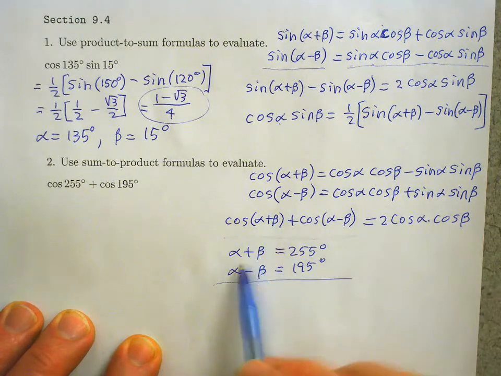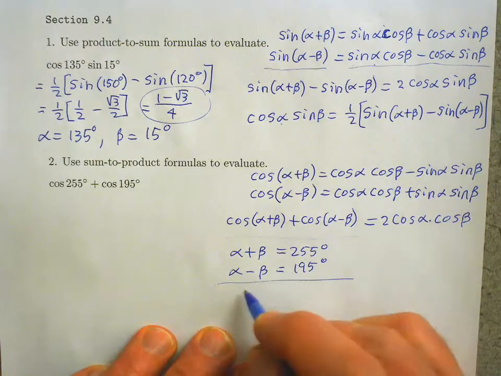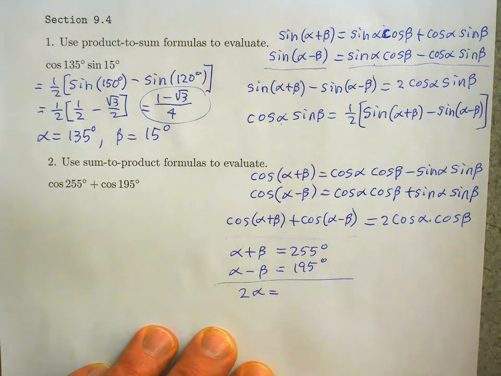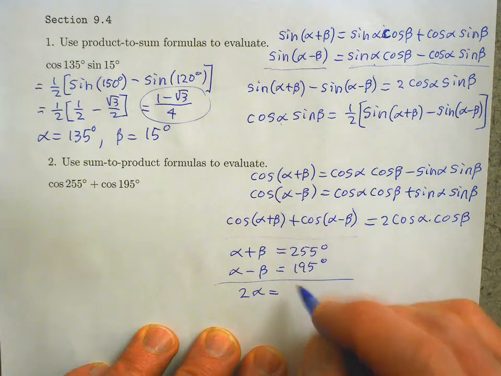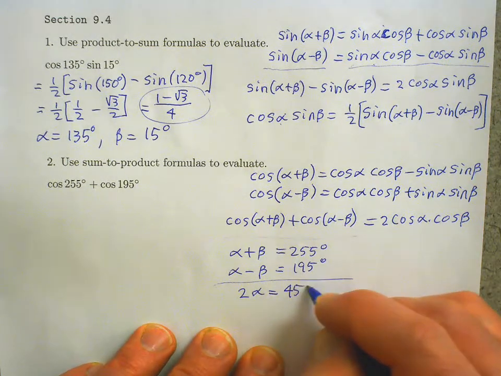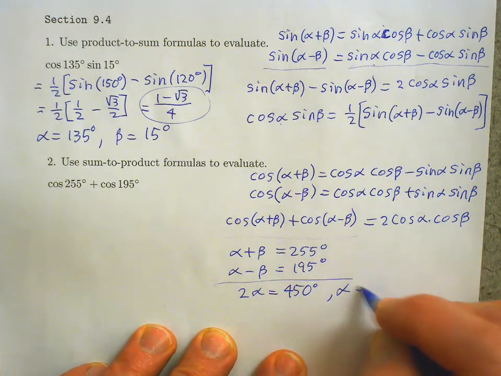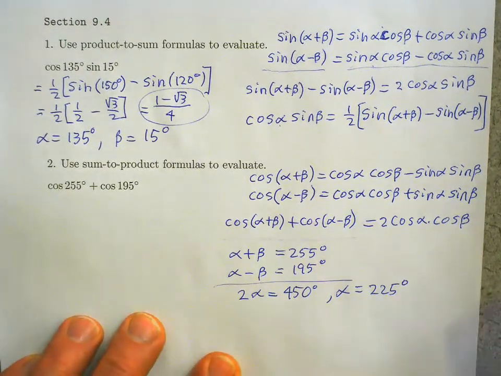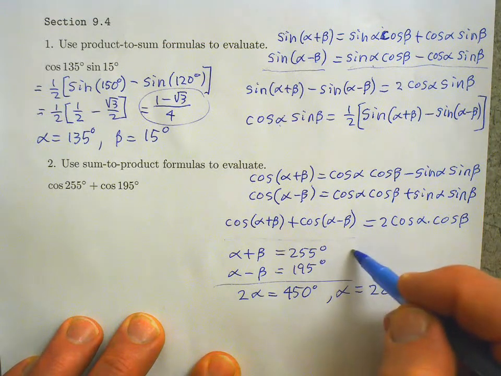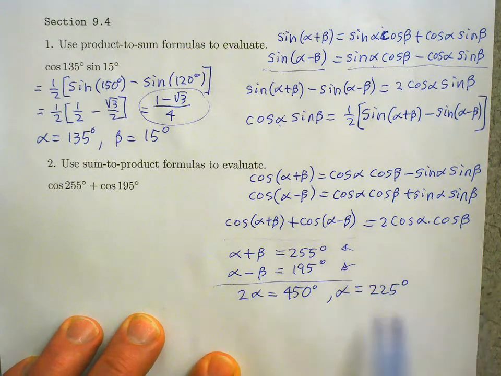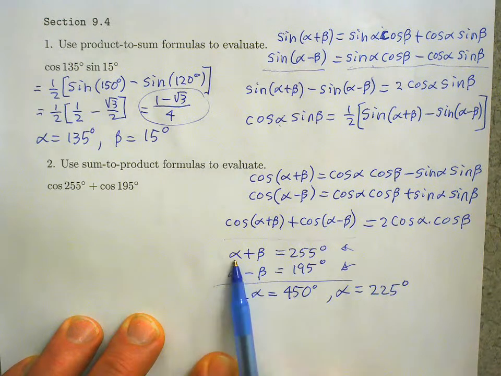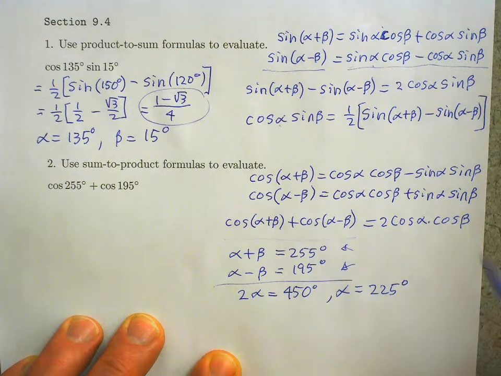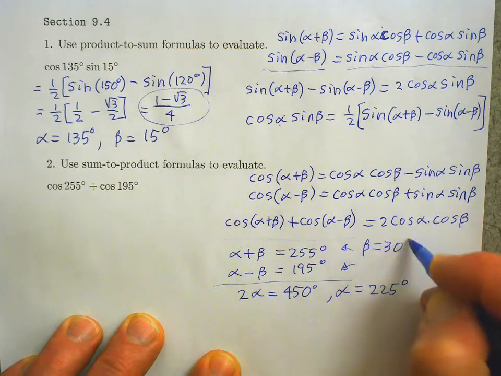When we add these two equations, the betas are eliminated, and we get 2 times alpha equals 450 degrees, which means alpha is 225 degrees. And we can use either of the other two equations to find beta. If we use the top equation, replace alpha with 225 and then subtract 225 on both sides, we get beta equals 30 degrees.